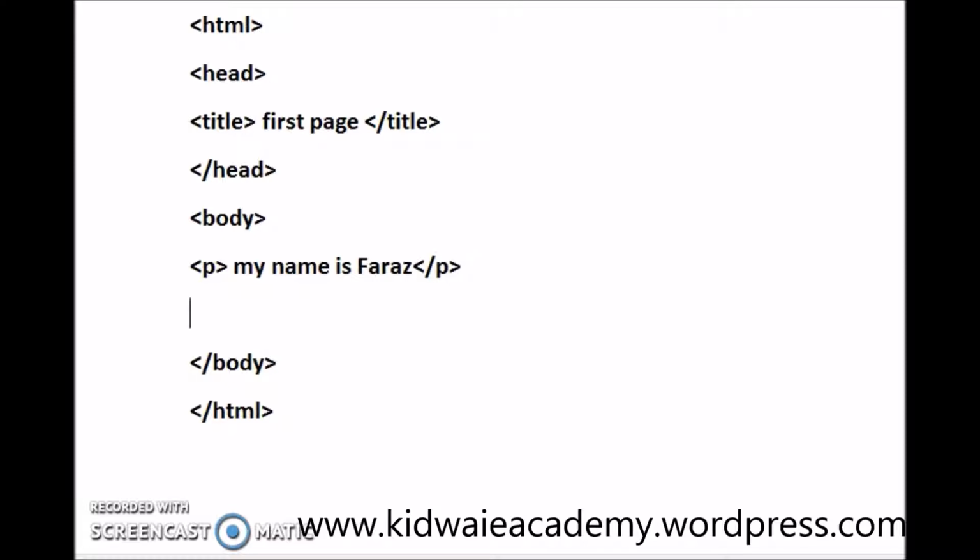Okay, now we type the same thing with a B tag. What the B tag will do is bold the text. Whatever you type here will be printed as bold text. So we type my name.